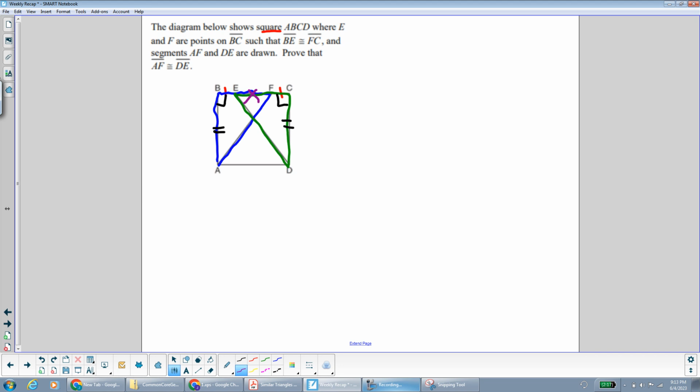I'm going to just write up this addition postulate part so that way you can see that. So if I was writing this up in a proof for just the addition postulate part, one of my steps would be BE plus EF is congruent to CF plus EF.